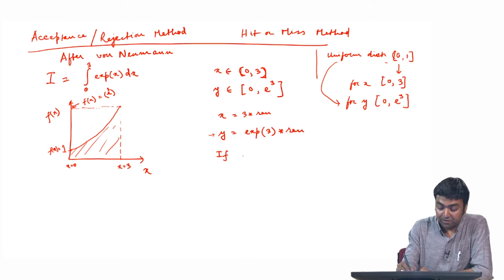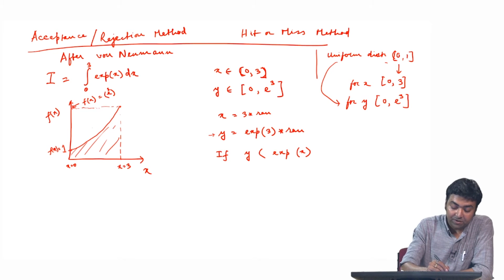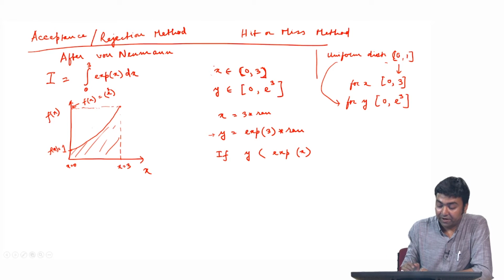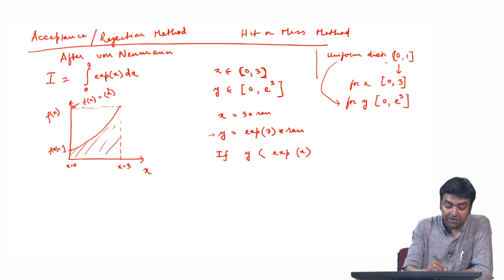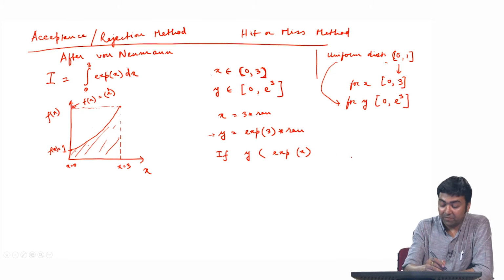I check if y is less than exponential x. The reason I am taking exponential x is because this curve is given by the equation e to the power x. If y is less than e to the power x, it means the random point is somewhere in this shaded region and I include that number in my count.